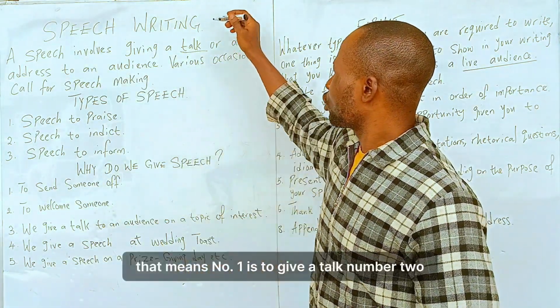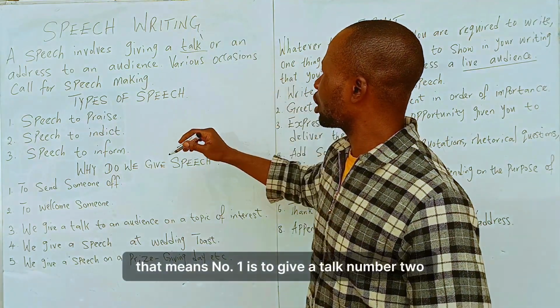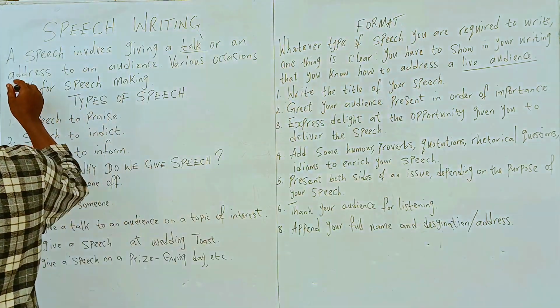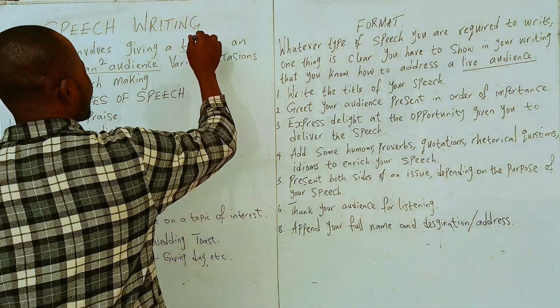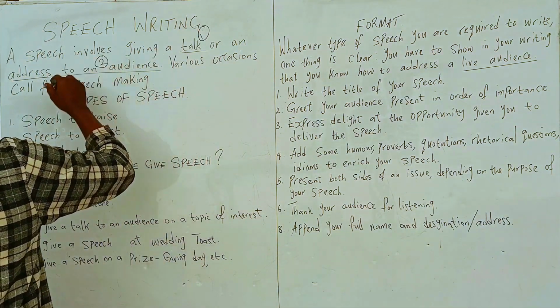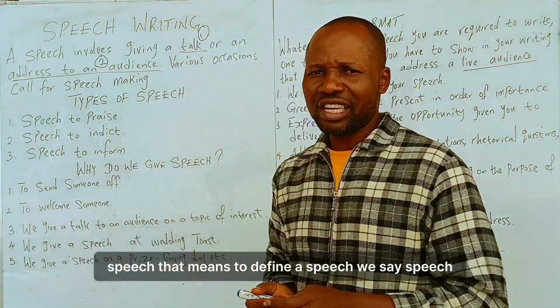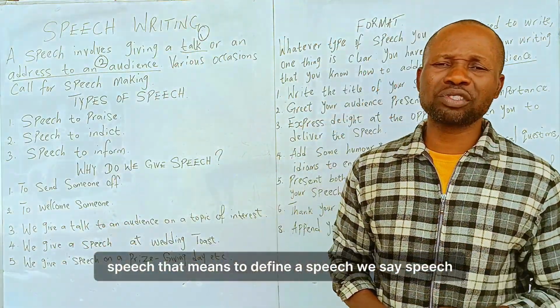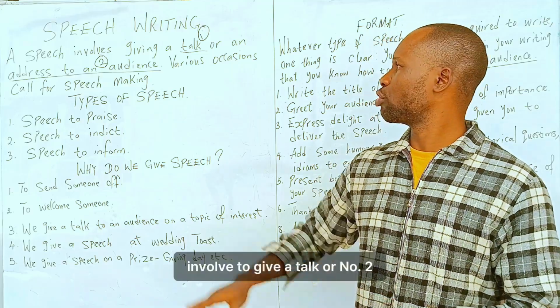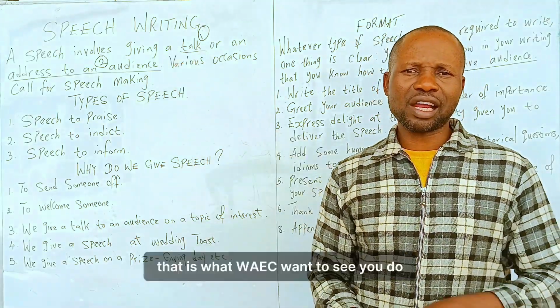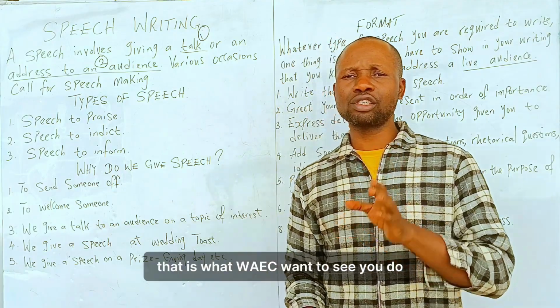That means number one is to give a talk. Number two, to address. To define a speech, we say speech involves to give a talk, or number two, address an audience. That is what WAEC wants to see you do.